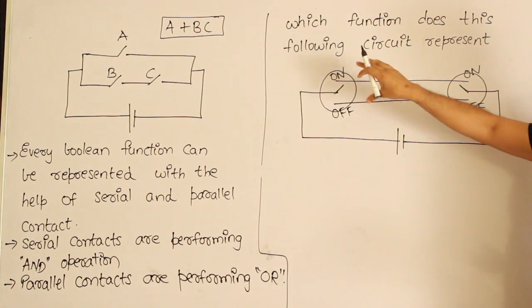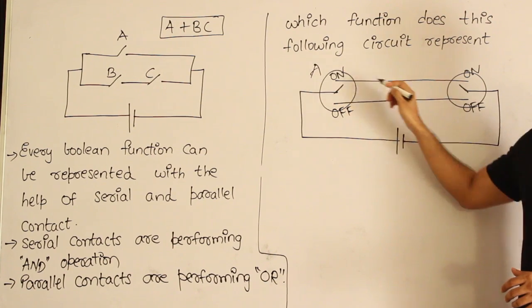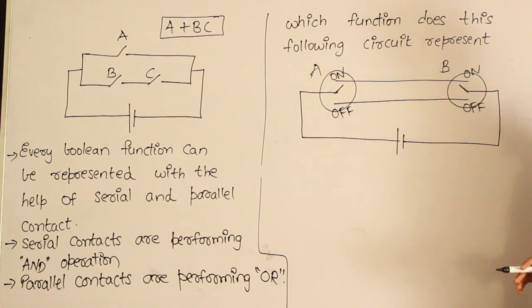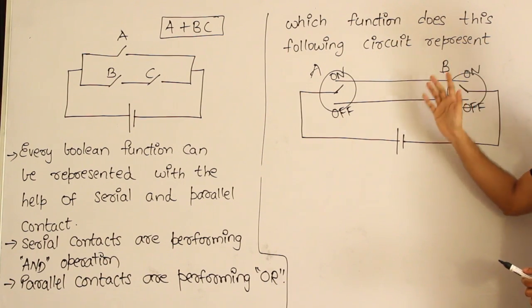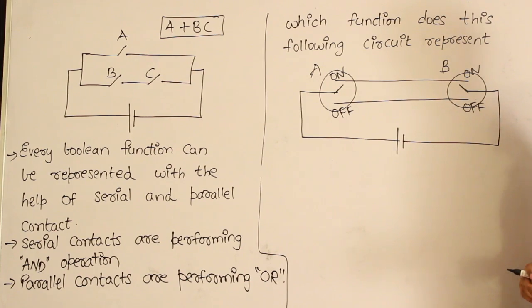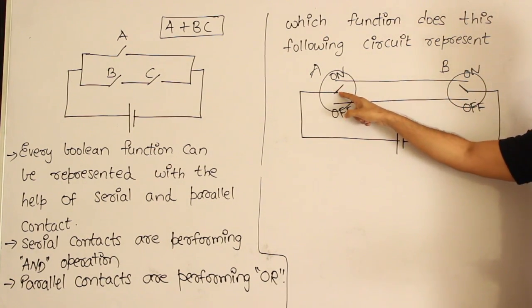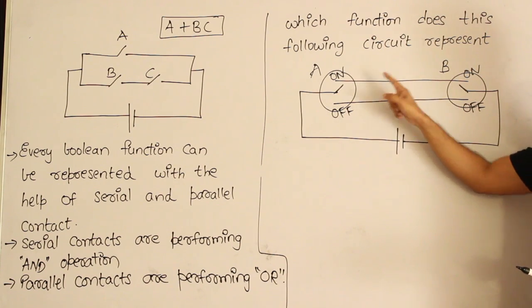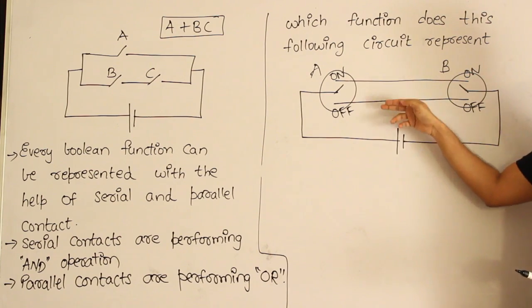This is not a kind of contact, it is a kind of logical question. Which of the following does this circuit represent? That is what they are asking. If the current has to pass through this, either both A and B have to touch the on, or both A and B have to touch the off.